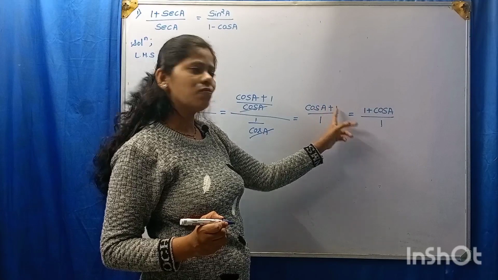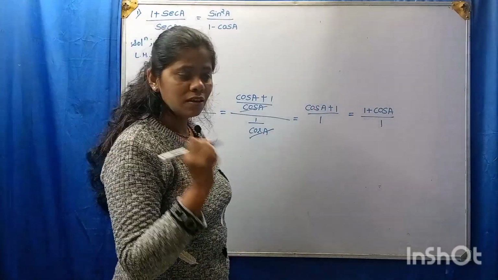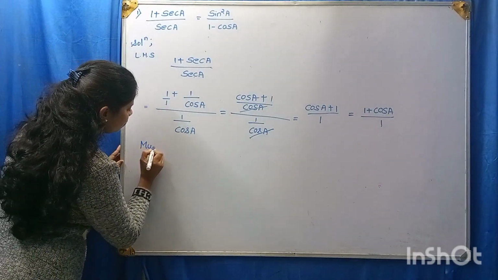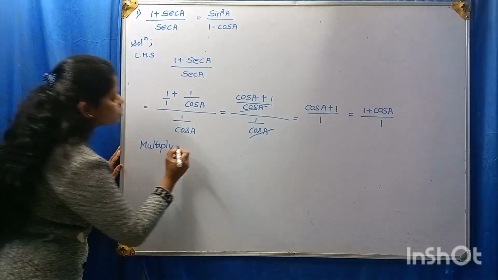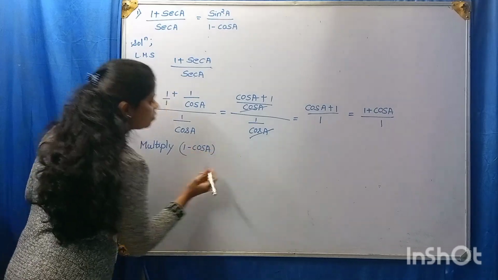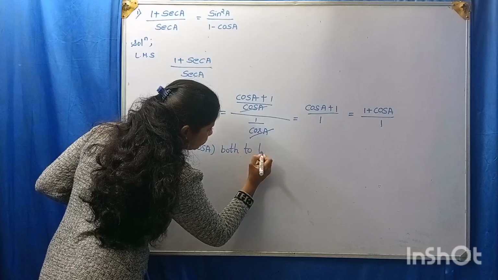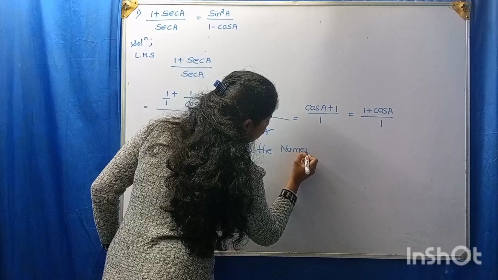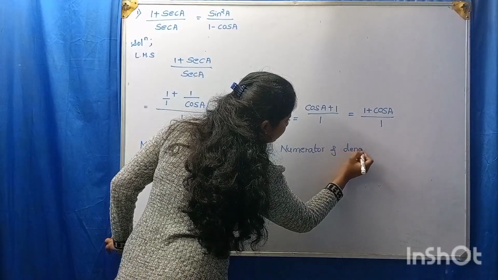Cos A plus 1 means the same as 1 plus cos A. Now, see here, multiply 1 minus cos A to both the numerator and denominator.